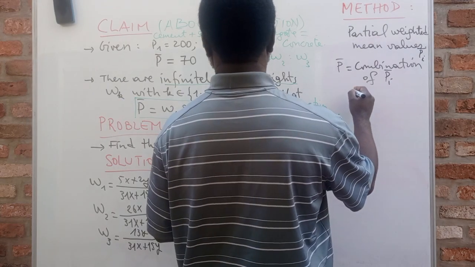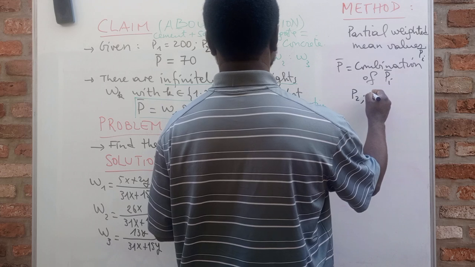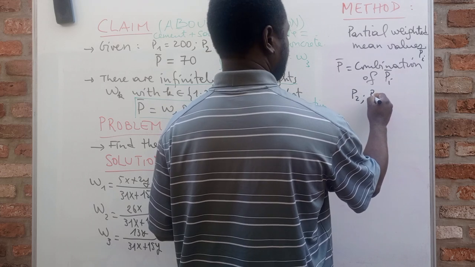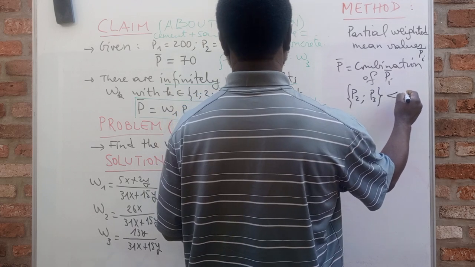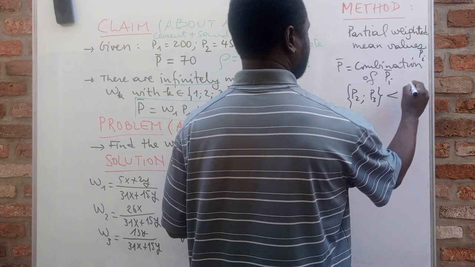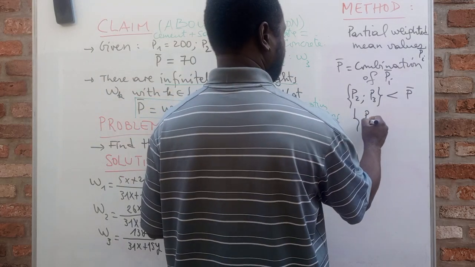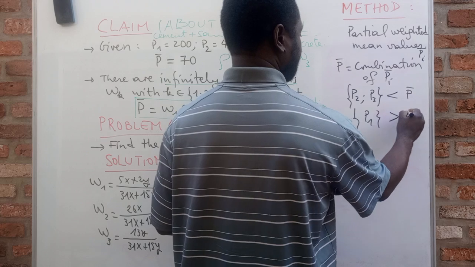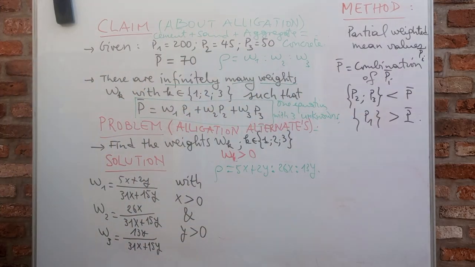So we have, for example, a group P2 and P3. These are values which are less than the mean value. So 200 is the only one which is greater than the mean value. The mean value here is 70.